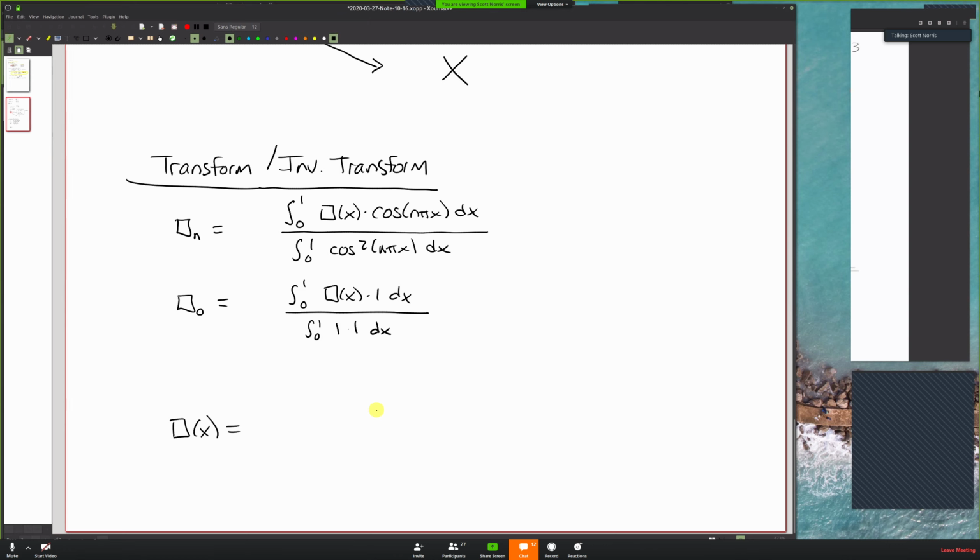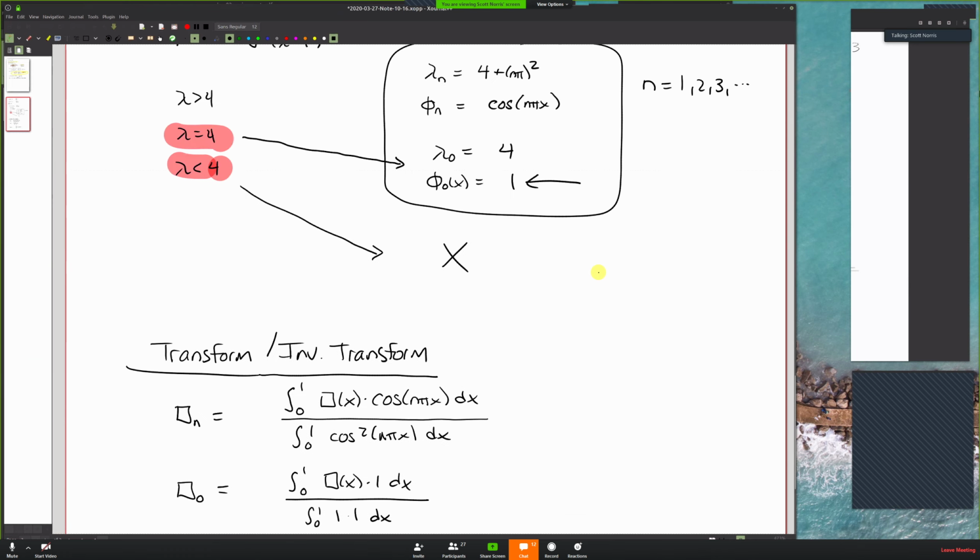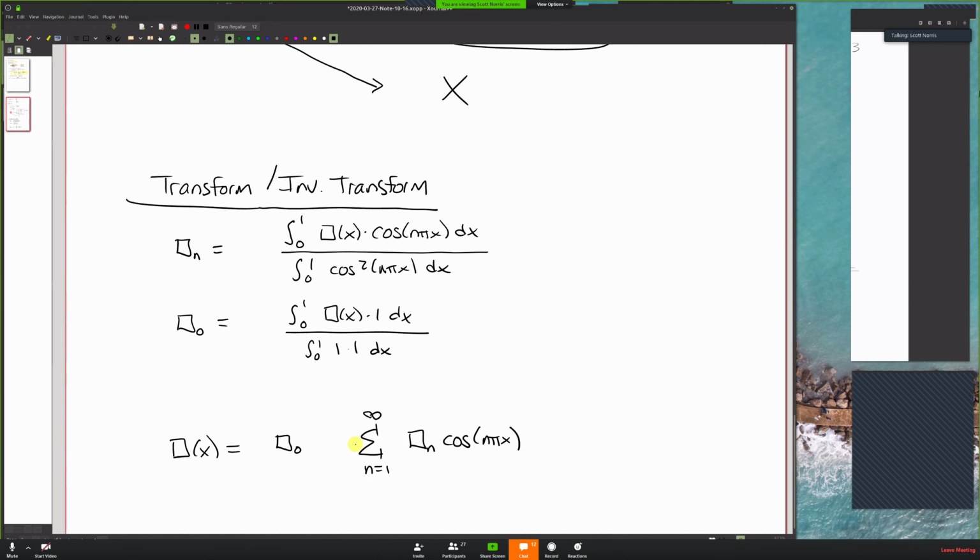So I've got my standard sum from n equals 1 to infinity of box sub n cosine n pi x. But I can't forget that last term. I have my 0th coefficient times my 0th eigenfunction, which is just 1. So I pick up that extra term in the sum. So there it is. That's how we take the transform, and that's how we take the inverse transform. Does that answer your question about how to take the transform in problem 1?